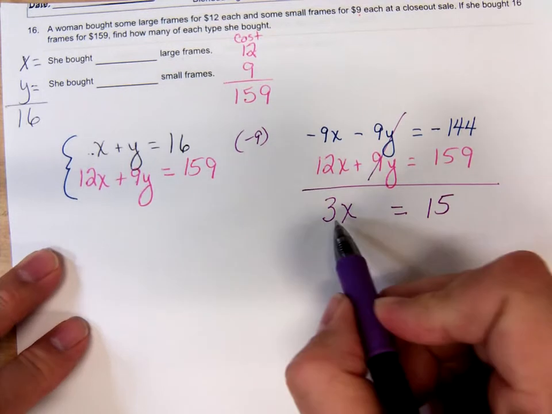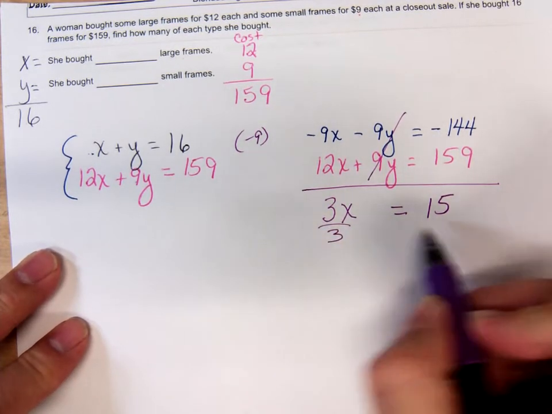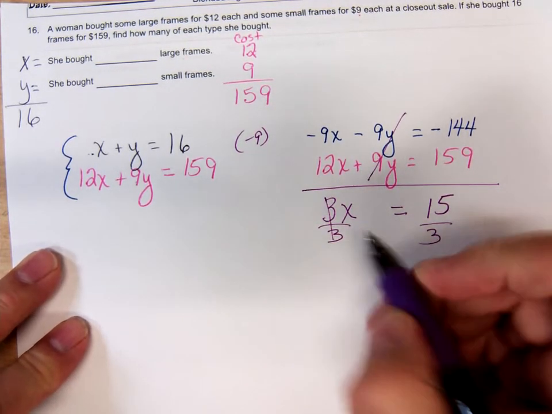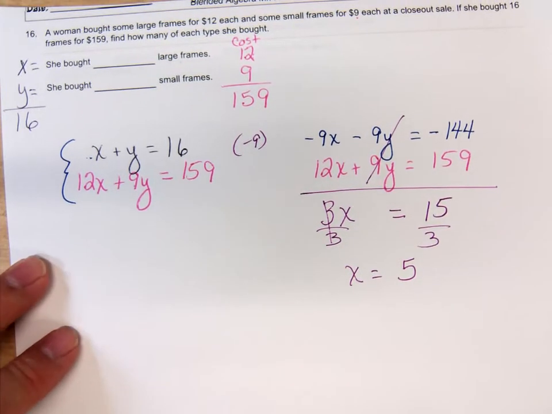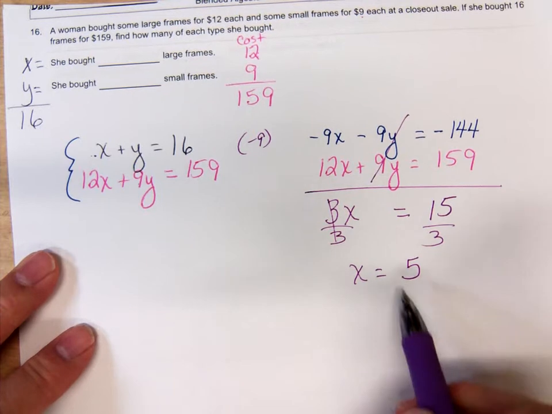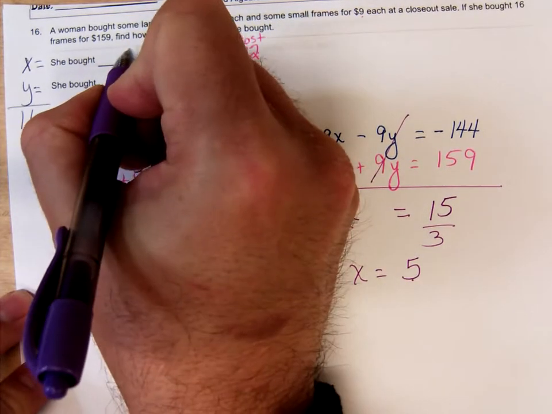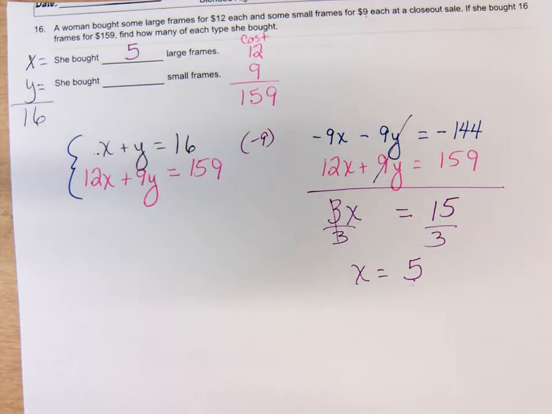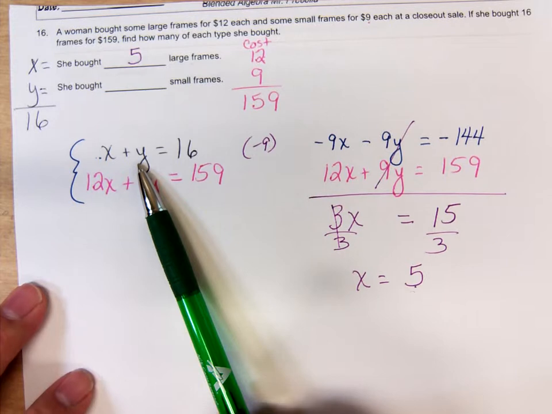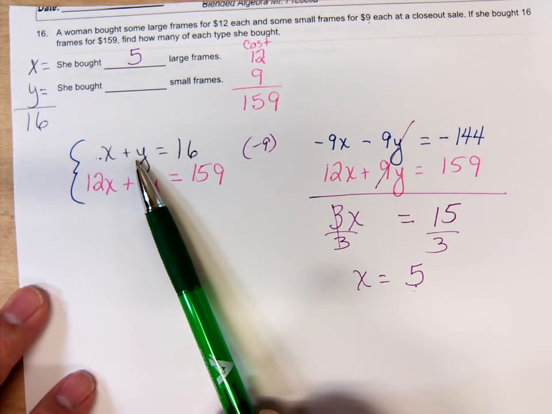So divide both sides by 3. And she didn't buy a lot of those large frames. She bought 5 large frames. X is 5. And either plug in the 5 or just use your, I hate to say, common sense.